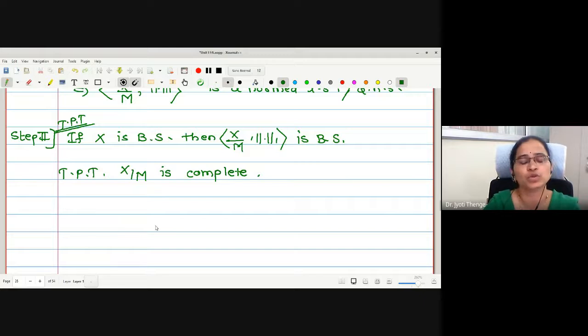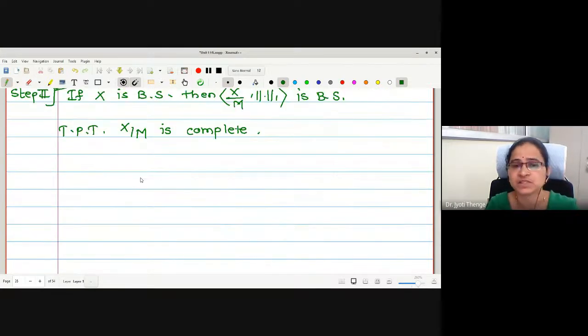Okay. Now to prove this to be complete, what does one have to claim? We have to show that every Cauchy sequence is convergent. What will be the elements of the Cauchy sequence of X by M? What kind of nature will it have? Can anyone tell me? Nature of elements of the sequence in X by M. Are the elements functions, sets, matrices?